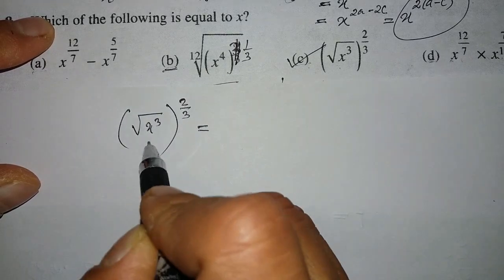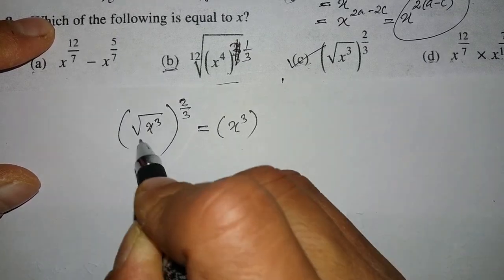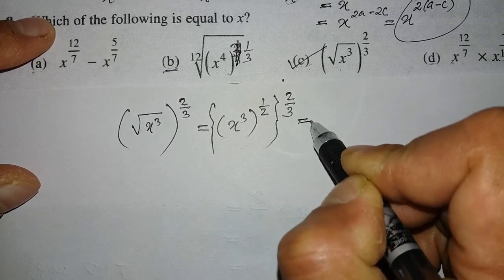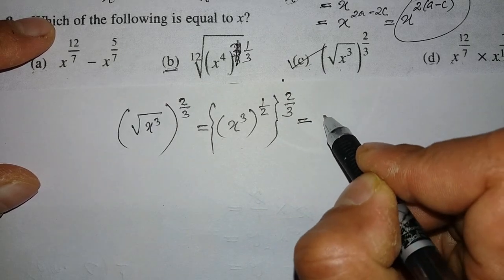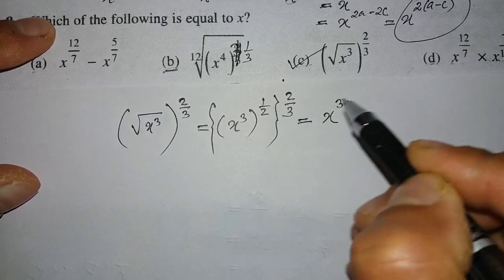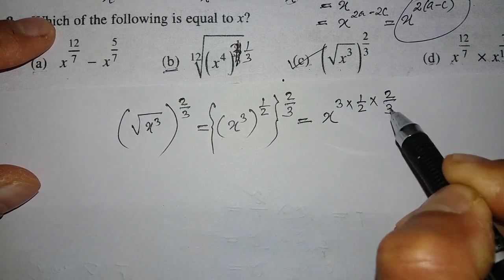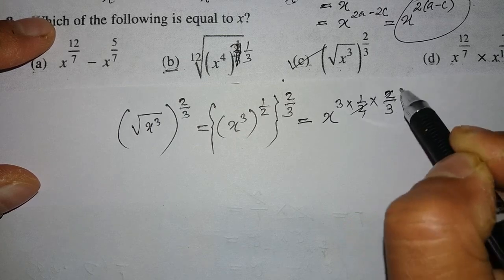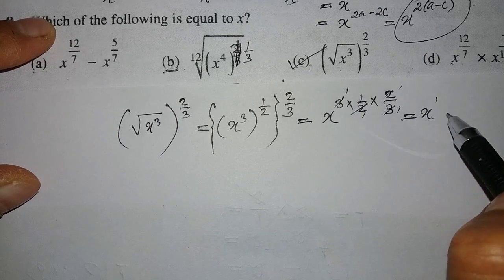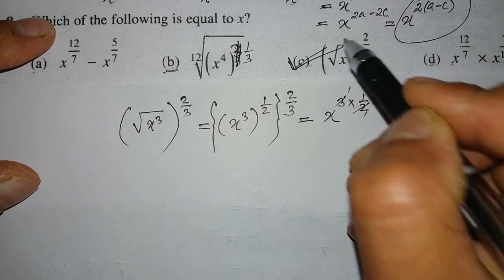The square root is power 1 by 2, and then 2 by 3 here. Now let's multiply the powers. So here 3, here 1 by 2, here 2 by 3. Now we can cancel: 2 ones are 2, 2 ones are 2, 3 ones are 3, 3 ones are 3. So we get x to the power 1, which is nothing but x. So this is the answer.